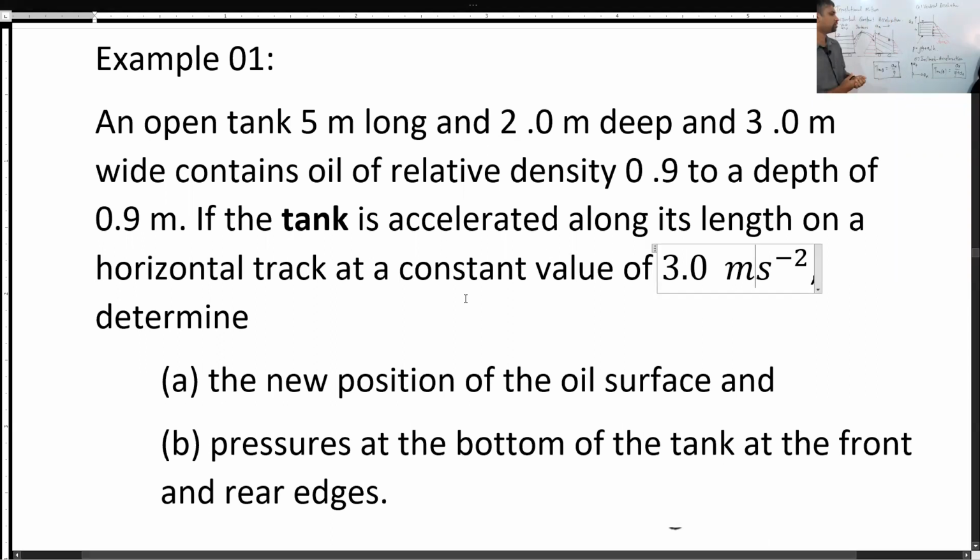An open tank 5 meters long, 2 meters deep and 3 meters wide contains oil of relative density 0.9 to a depth of 0.9 meters. If the tank is accelerated along its length on a horizontal track at a constant acceleration, think about a Bowser or the petrol tank of a vehicle, right?